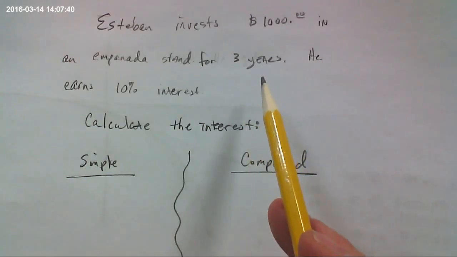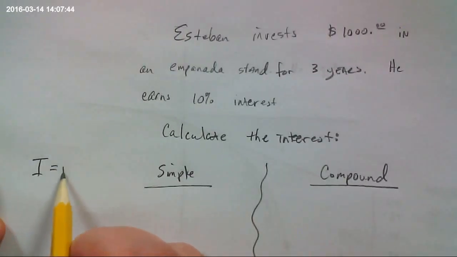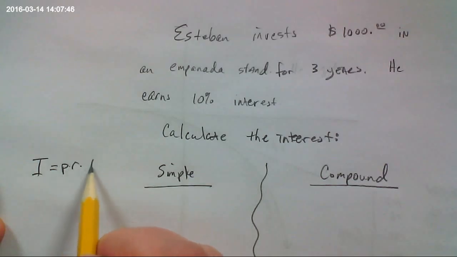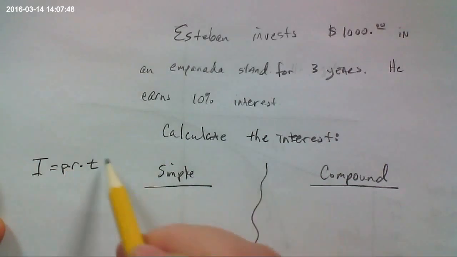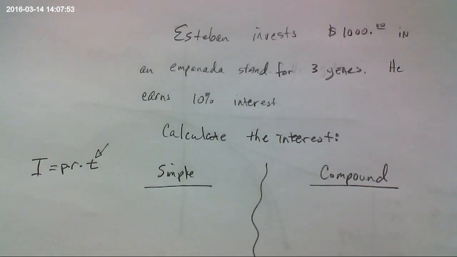3 years, right? Check this out. Our formula, I want to show you where this T comes from. So we're not going to use the T right now. T stands for time. So for the first year, that 1 stands for year, principal times rate.